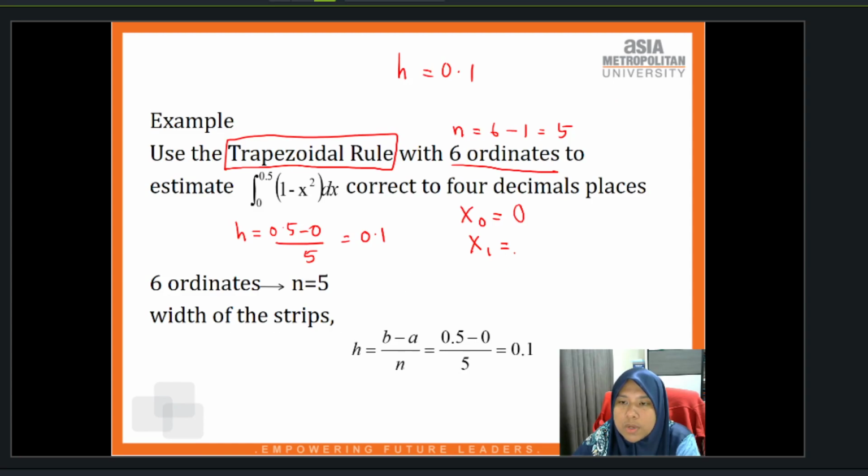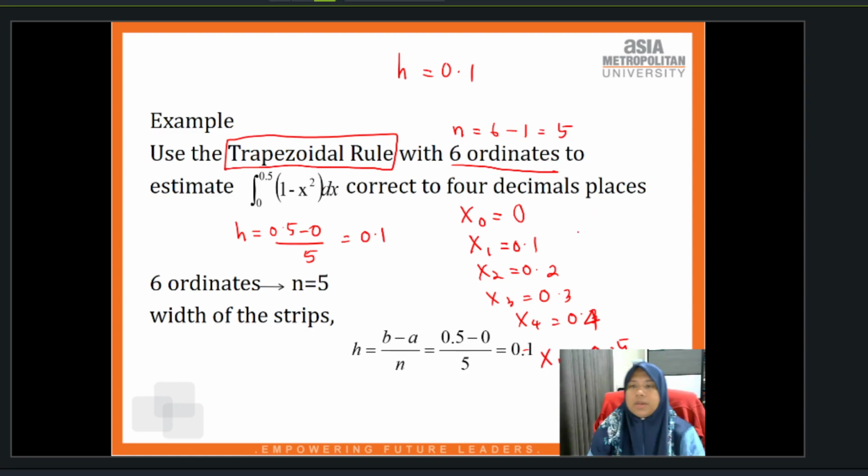So we write here x1 equal to 0.1, x2 equal to 0.2, x3 equal to 0.3, x4 equal to 0.4, x5 equal to 0.5, until n. Why do we need this? Because we are going to substitute this x into this formula.